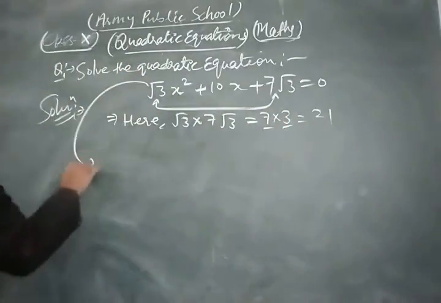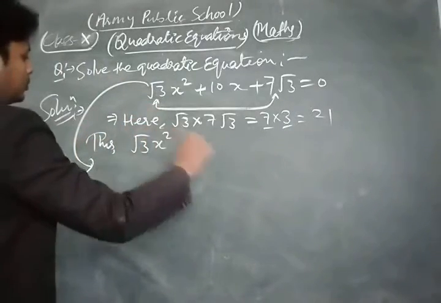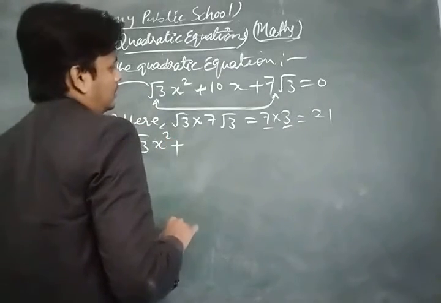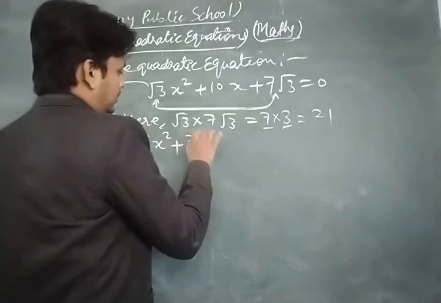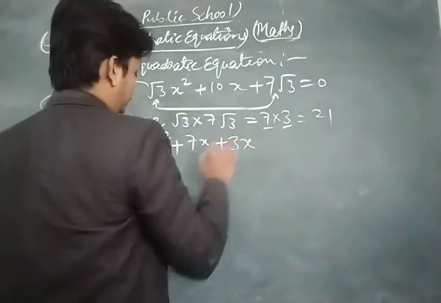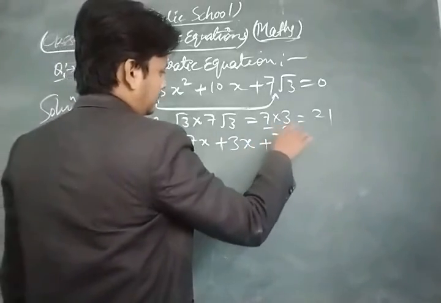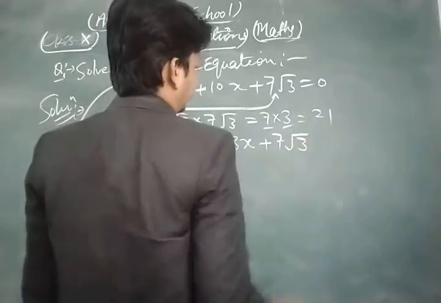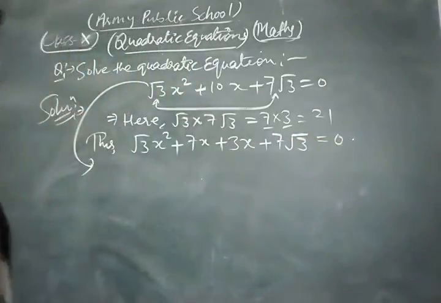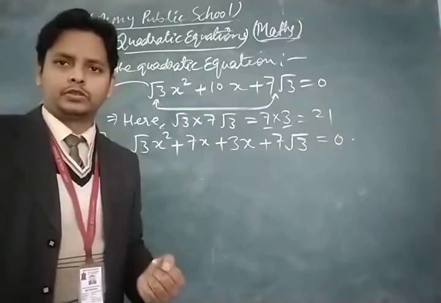Thus we can write root 3 x square plus 7x plus 3x plus 7 root 3 is equal to 0. So we split the middle term.